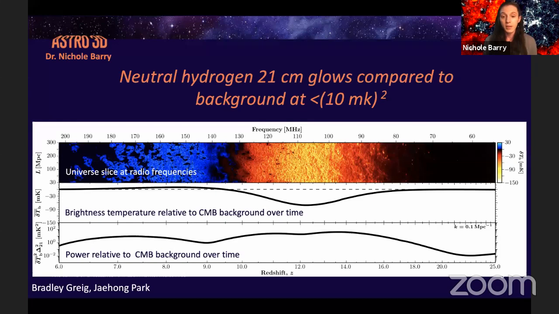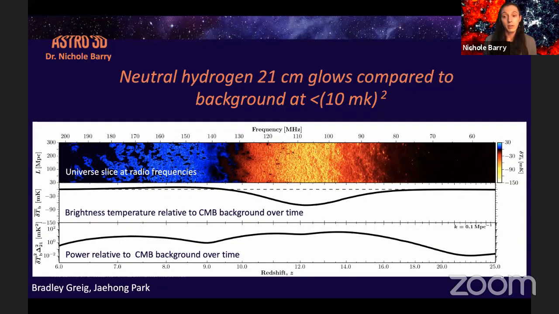And if I take a snapshot of a very typical model universe, on the top panel here, you have the universe slice as a function of frequency for the 21 centimeter line. So by the time the 21 centimeter line gets to Earth, it's in the radio frequencies, about 200 megahertz through to 60. And in the middle panel, you have the brightness temperature of that line relative to the background.